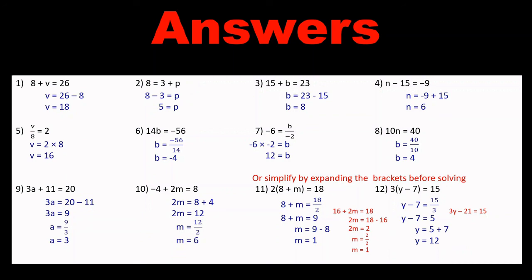Let's go backwards. Let's first get rid of that minus 21. Opposite of minus 21, add it. And then the opposite of multiply by 3, divide by 3. As you can see, question 11 and 12 have the same answers regardless of the method that you use to solve them.